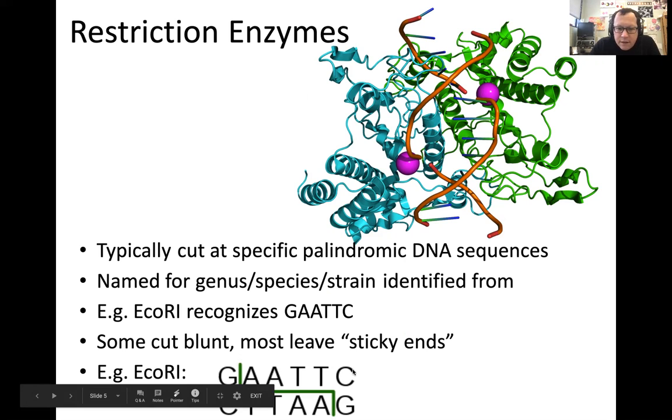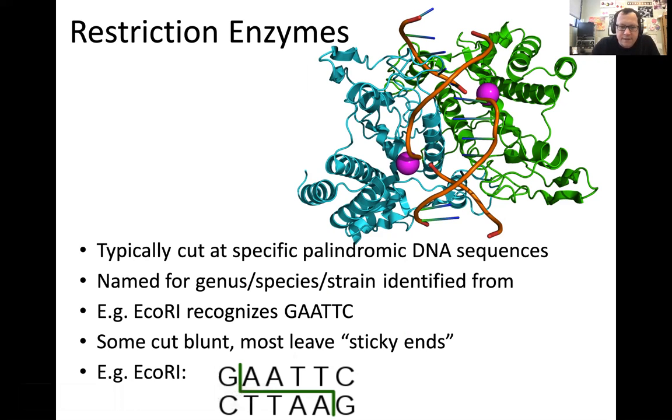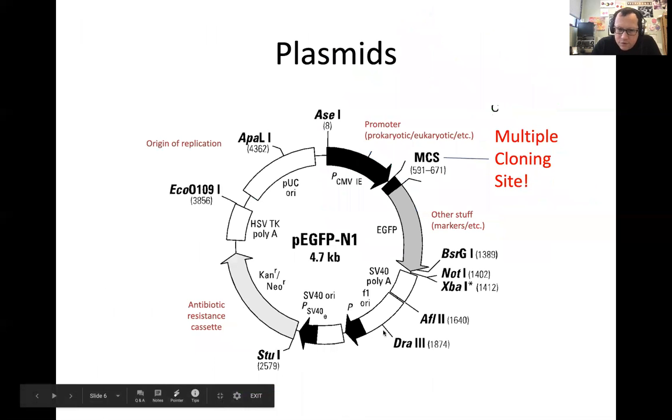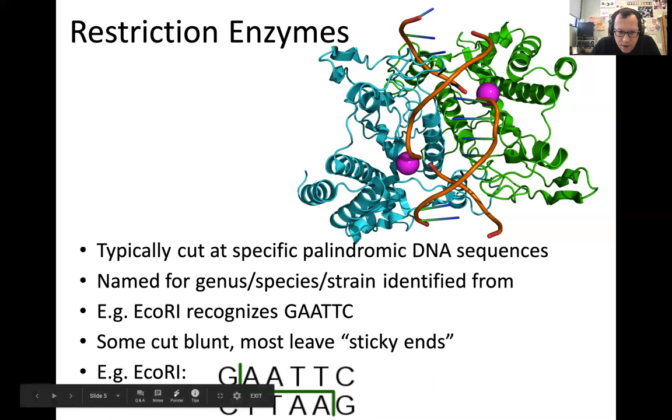But if we look at the complement of this sequence, the base pairing for that, we can see that we have the same thing in the opposite direction. So we have GAATTC read in the opposite direction. And so this is 5' to 3' this direction, and this is 5' to 3' in this direction. And this is what's known as a palindromic sequence. What you see in this direction is the same as what you see in this direction.